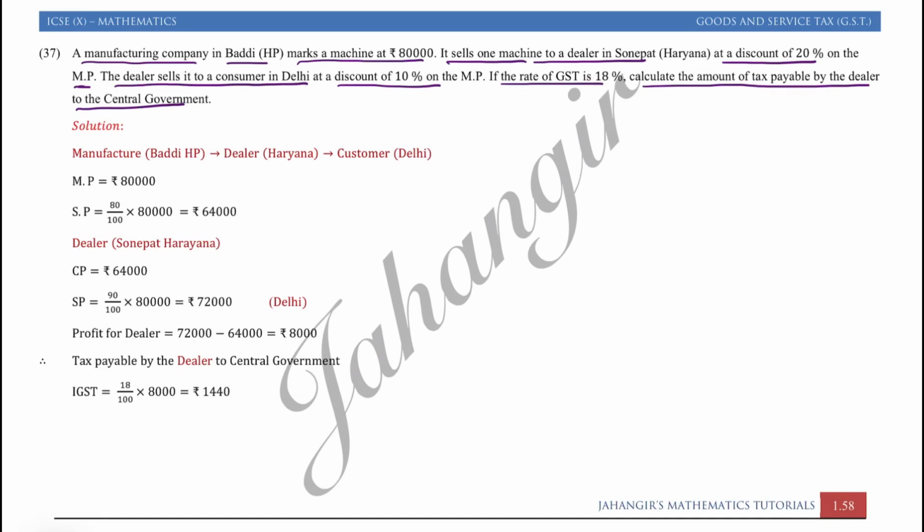This is of the same type. See, the dealer of Haryana bought it from Himachal Pradesh. He paid IGST while buying and he collected IGST while selling. So here we have to just find, mark price is given as rupees 80,000.